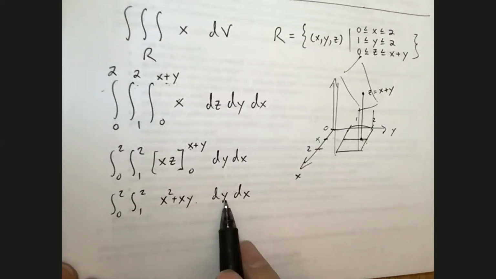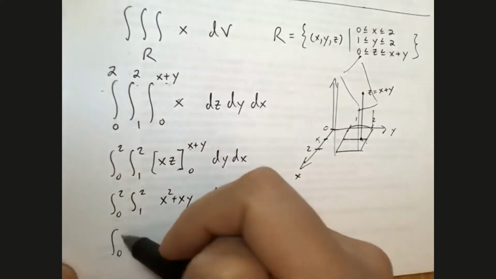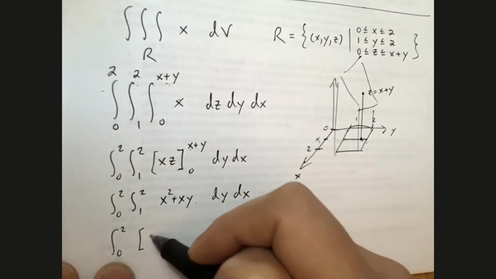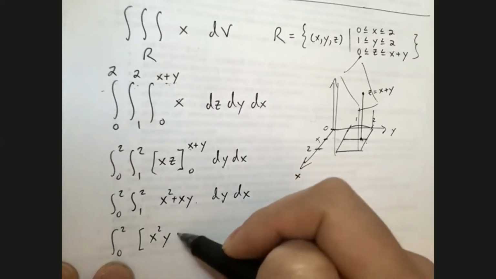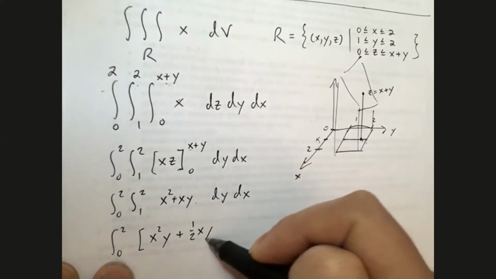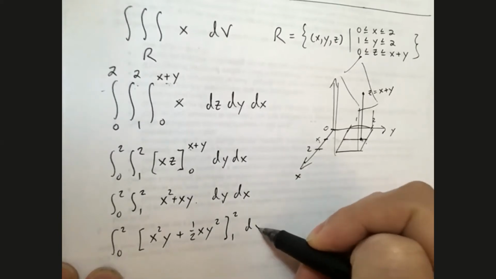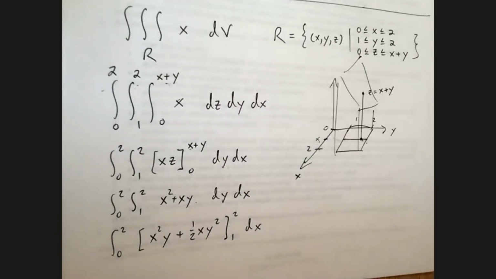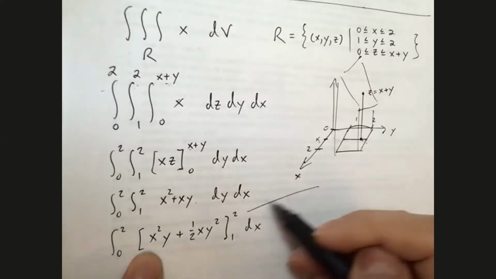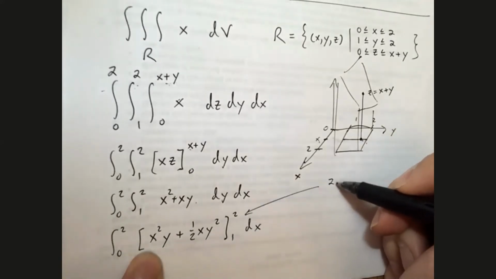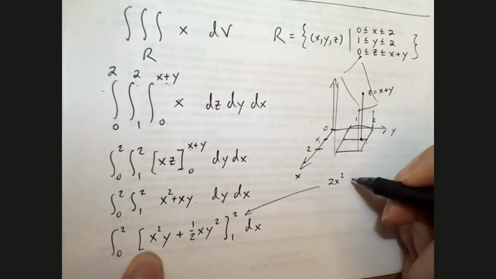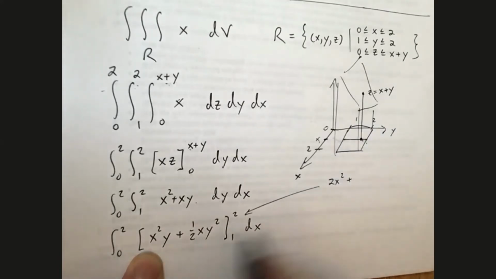Now I'm going to anti-differentiate with respect to y. So I get x squared y plus 1/2 xy squared. And I'm going to evaluate that from 1 to 2. Well, let's see. When I plug in 2 for y, I get 2x squared plus 2x.